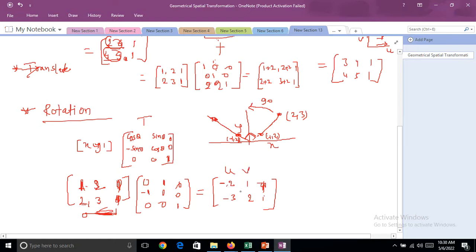So UV shifted to here. So it is minus 2 comma 1, and this point became -3 comma 2. Okay, after rotation.